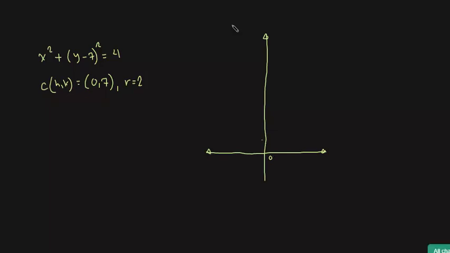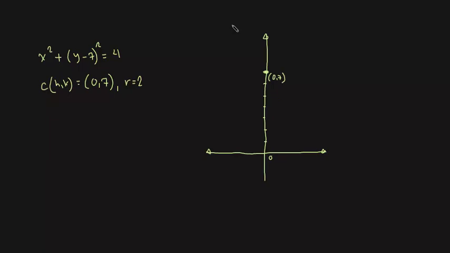I need to count 7 units going above: 1, 2, 3, 4, 5, 6, 7. So this will be the center of the circle. So this is now 0, 7. This is our center.